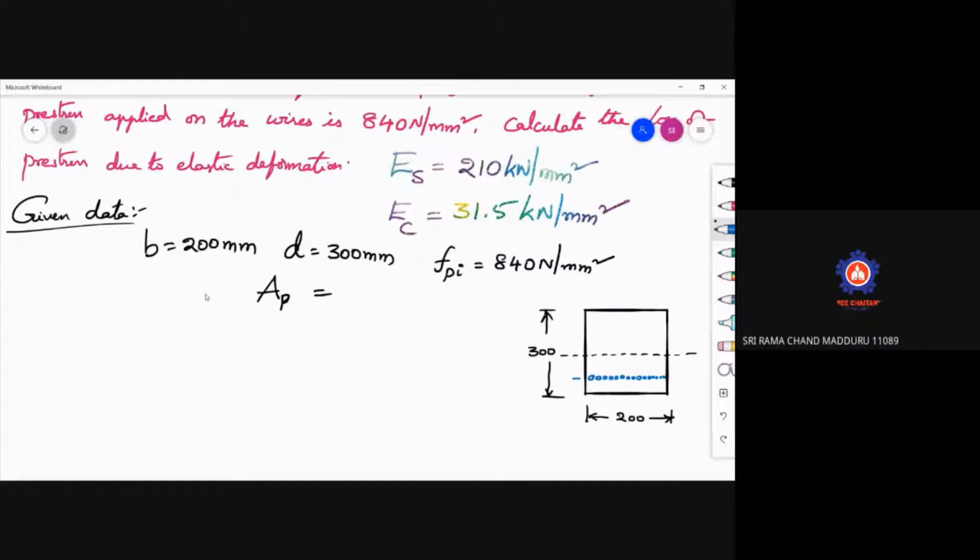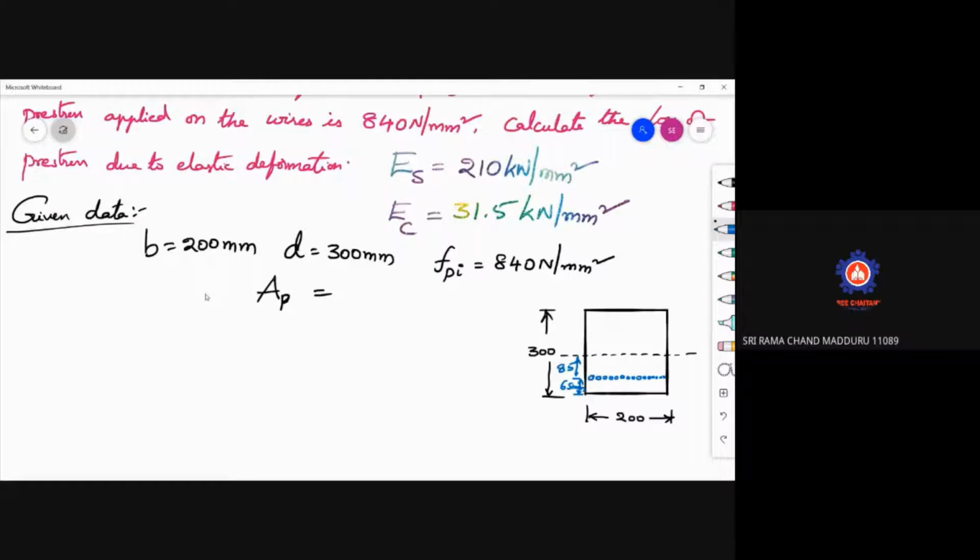This distance is 65 mm from the bottom of the beam. Now the next is, can any one of you tell me what is this distance? Eccentricity from the neutral axis? 85 mm. So total is 150, 150 minus 65, so this is 85 mm. So the eccentricity for these 15 wires is 85 mm.